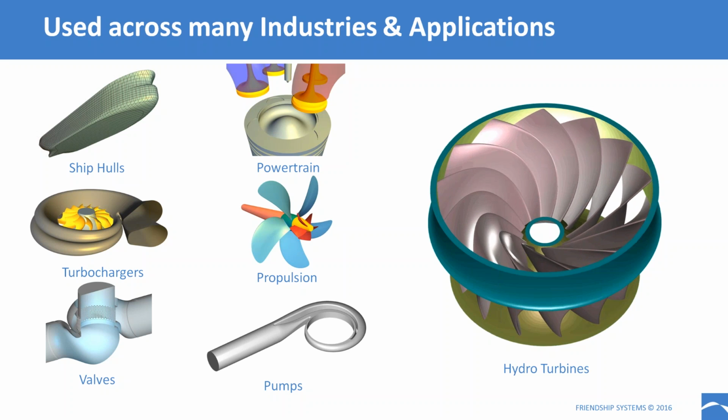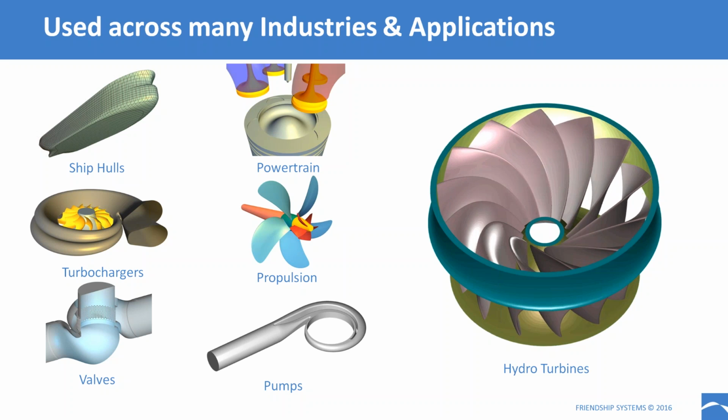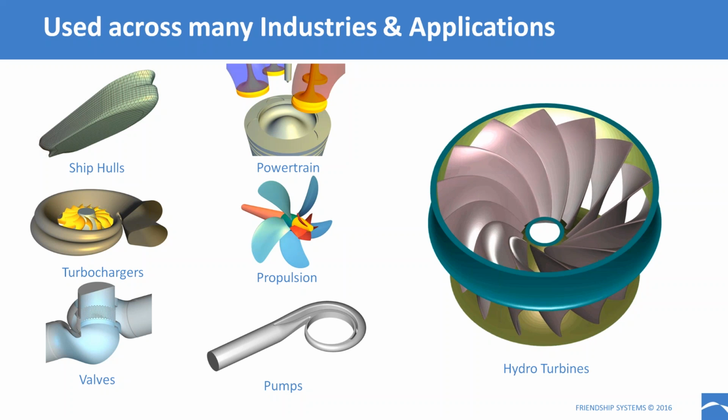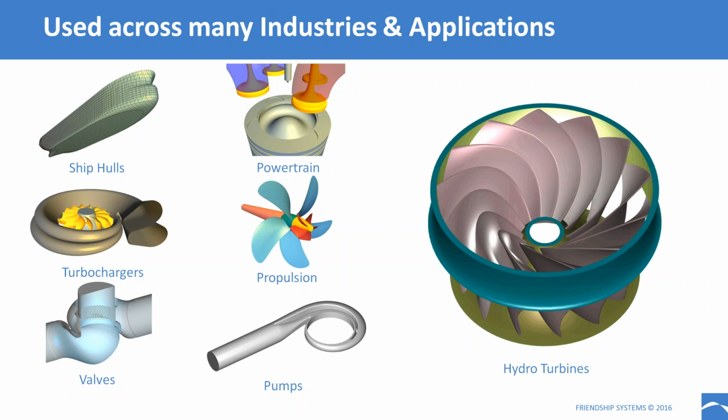Another area of focus of CAESES is turbo machinery. So for example, we have turbochargers where we can work on the impeller as well as on the volute geometries. Propellers are another example for turbo machinery or any kind of turbines, pumps, but also industrial machinery applications like valves and other things.